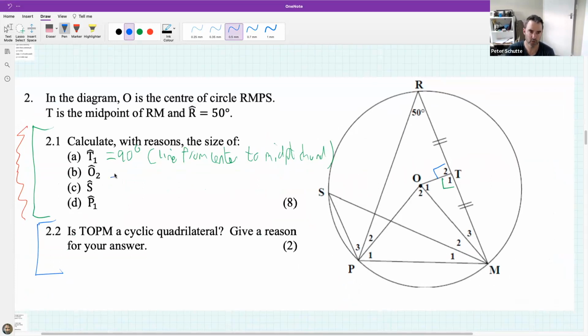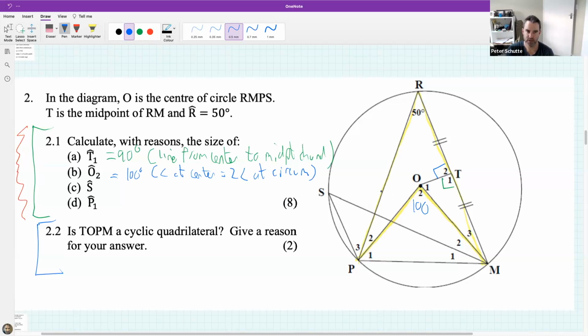Now, O2 is here, but I can see that sometimes they call this the arrowhead. So the chord PM will subtend that angle at the center, and it will subtend that angle at the circumference. And so this one will be double that. And this will be 100. Angle at center equals twice angle at circumference. So this must be 100.